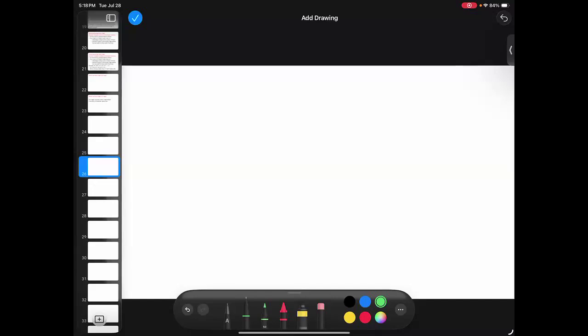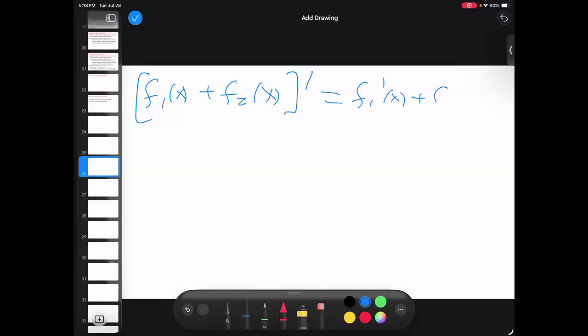So here's a wonderful fact about derivatives. If I give you f1(x) and f2(x), and I ask for the derivative, what is the derivative of the sum? The sum of the derivatives. How many of you have seen a proof of this in calculus?